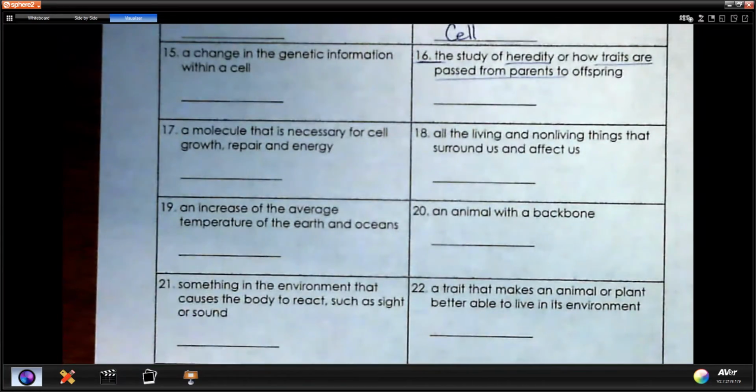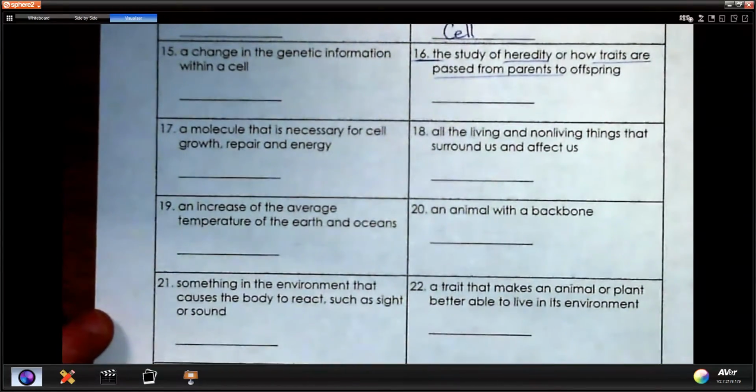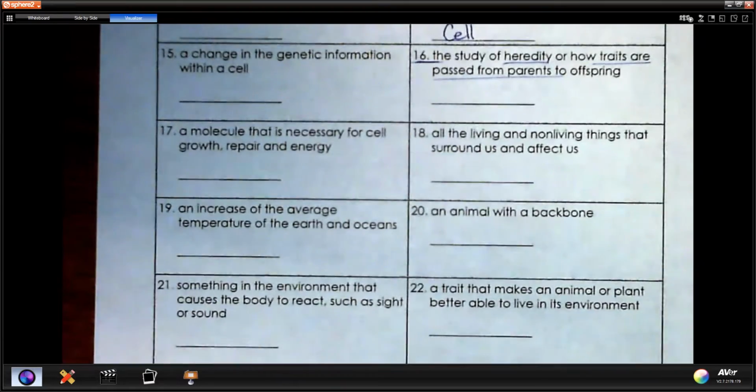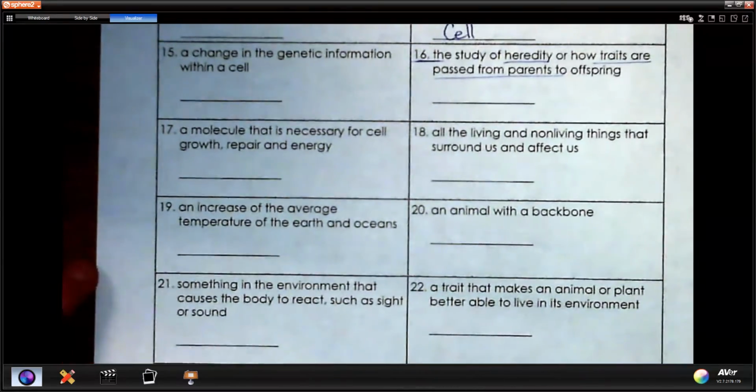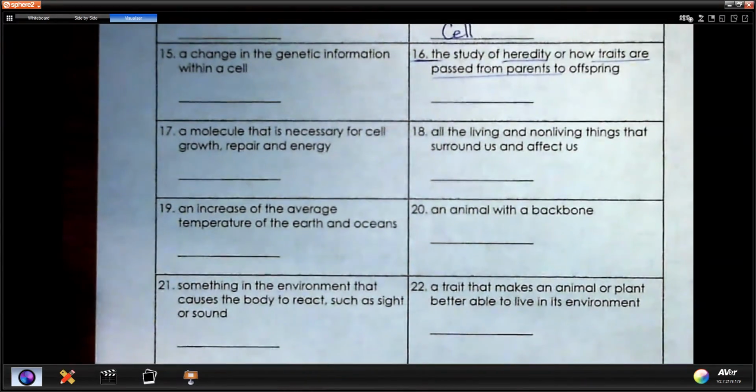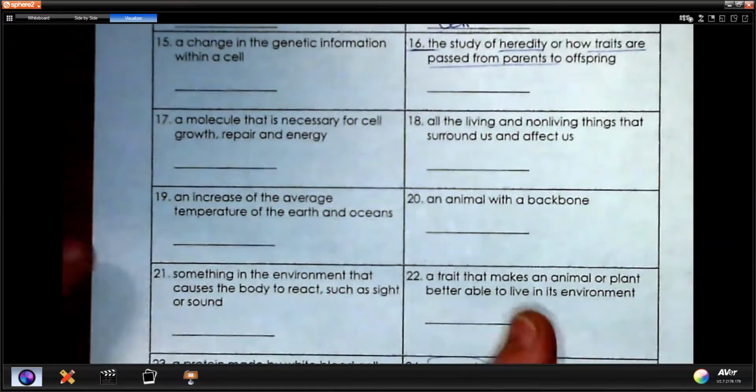So let's see. The area in which living things interact, maybe. That could be it. Are there any other ones that would match? So yeah, the ecosystem, instead of the study, would be the place, the system where they do it.